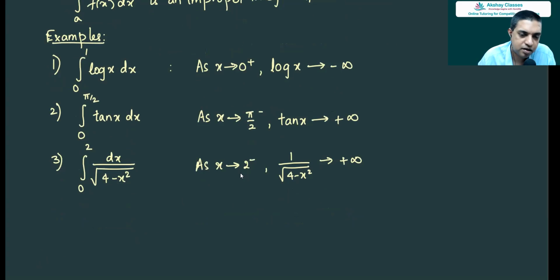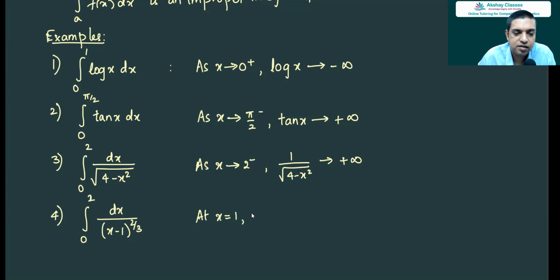Just close to 2, the denominator goes close to 0, so the reciprocal will be infinite. Now, another one in between, let us say integral 0 to 2 dx upon x minus 1 to the power 2 by 3. Now at x equal to 1, the integrand, the function, has infinite discontinuity, again like the previous cases.